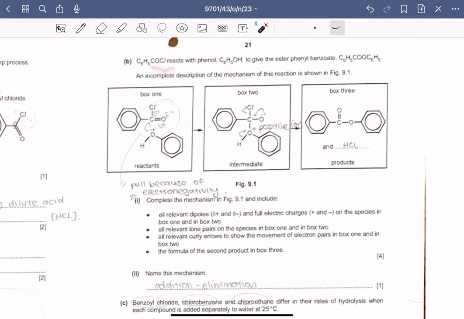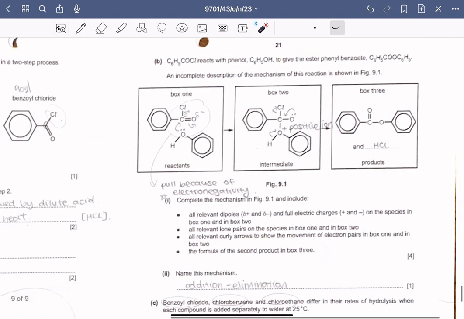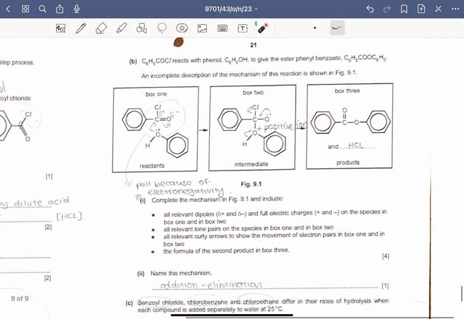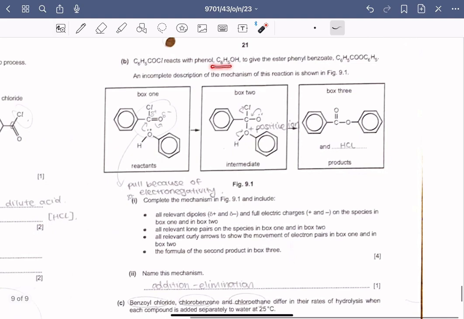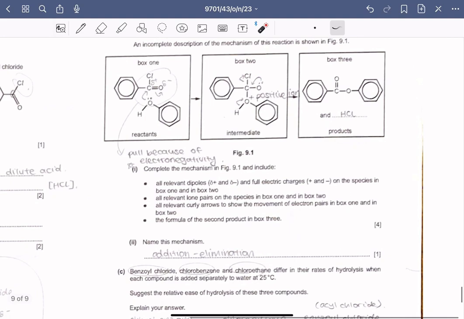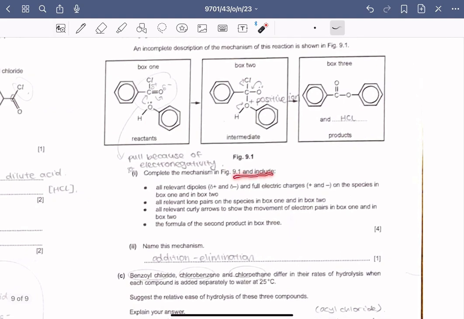Next, C6H5COCl, which is the acyl chloride, benzoyl chloride actually, reacts with phenol C6H5OH to give the ester phenyl benzoate. An incomplete description of the mechanism of this reaction is shown in figure 9.1. Complete the mechanism in figure 9.1 and include the relevant dipoles, lone pairs, curly arrows, and formula in the second product in box 3.